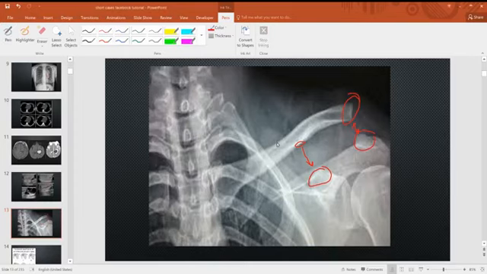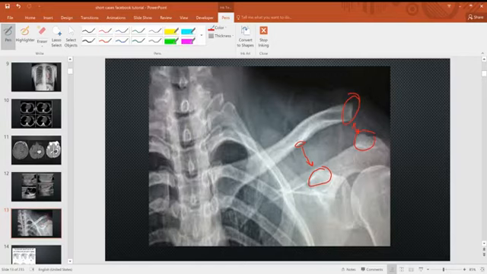So as we see here, there is increase. We should compare with the other side, and we can do a stress view, where the patient holds some weight on his hand, or we can do the CT scan.